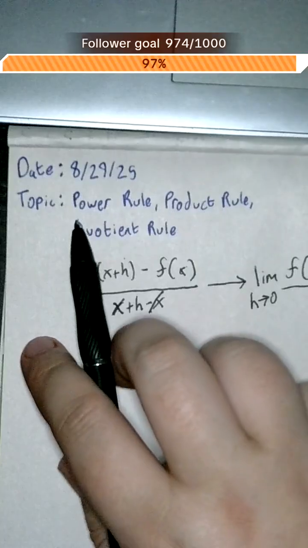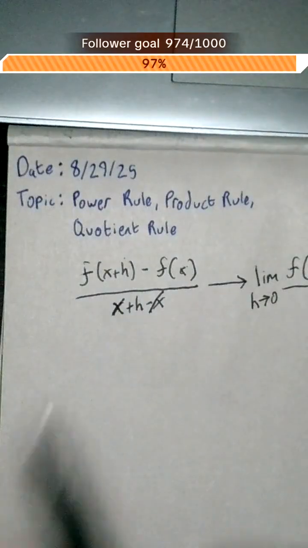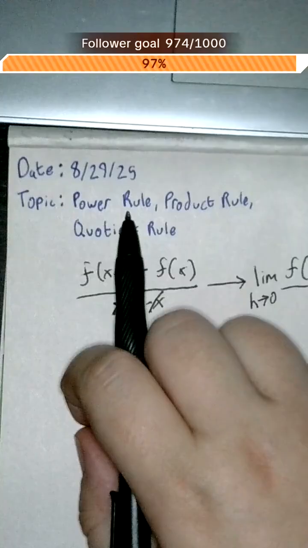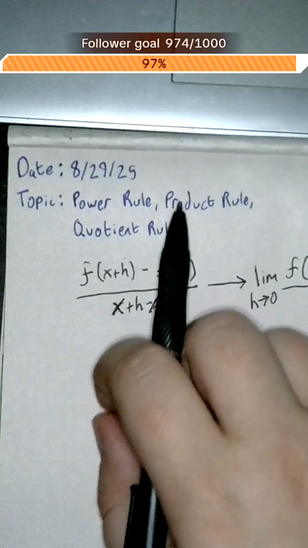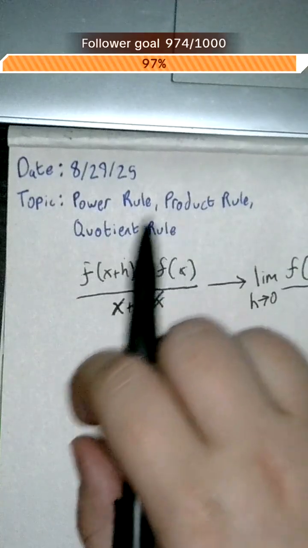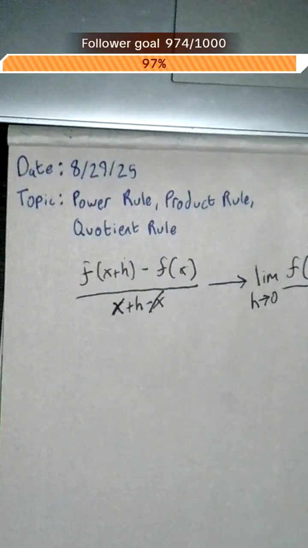I'm going to prove a rule, and then we're going to do a few exercises with that rule. Once I do 4 or 5 examples with the power rule, I'm going to move on to doing the same with the product rule. And once I'm done with the product rule, I'm going to move on to the quotient rule. So that is the plan of action for tonight.